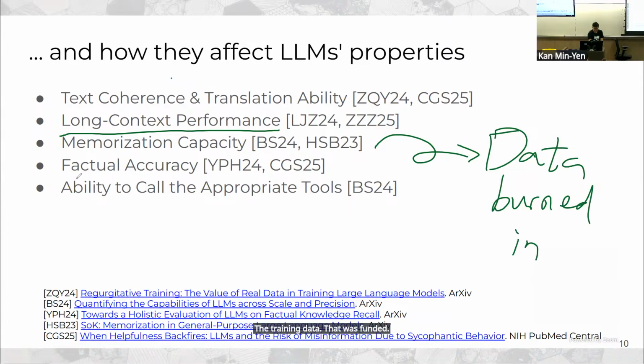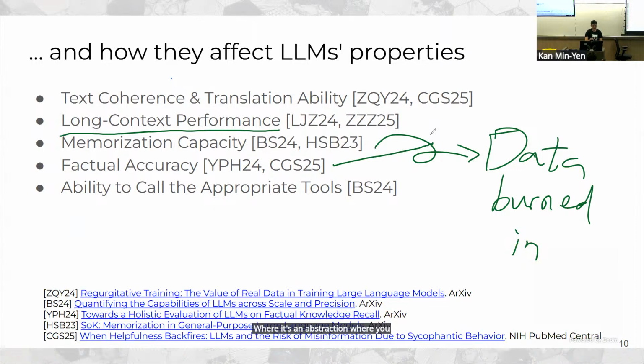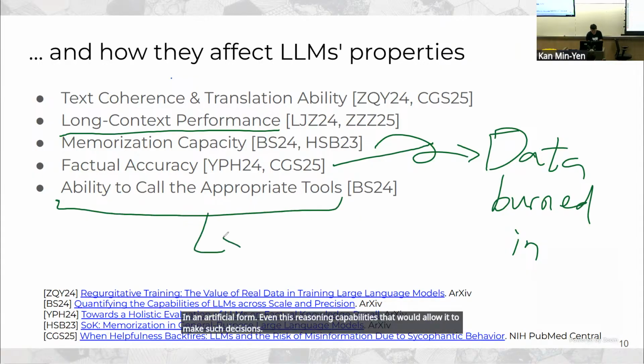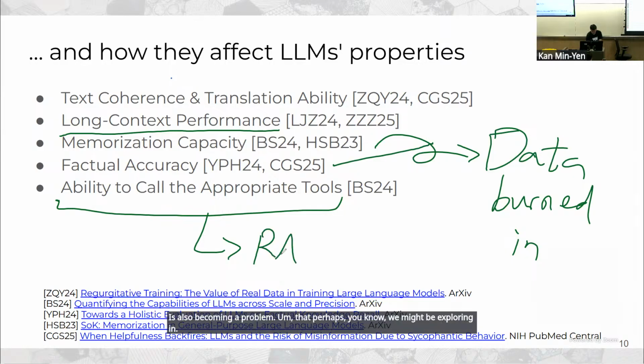Factual accuracy, also the same thing. Nowadays people are using language models to start calling tools, where it's an abstraction where you ask the language model to be the brain in an artificial body. Even the reasoning capabilities that would allow it to make such decisions is also becoming a problem that perhaps we might be exploring in this course.